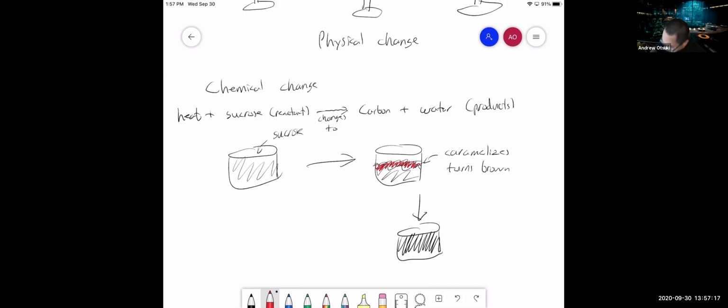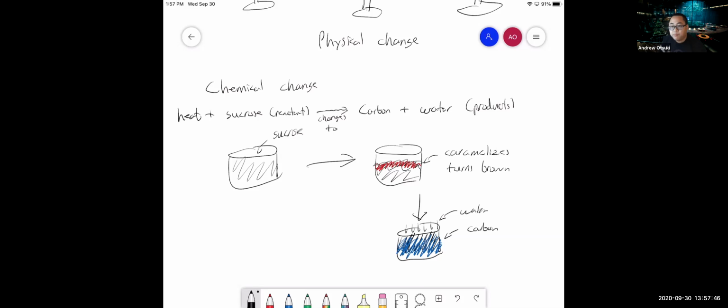Eventually this will all turn into a completely different substance. Let's name it blue. So you'll have this completely different substance as you heat longer, and this black stuff is carbon, and what's evaporating out of the pan is water.